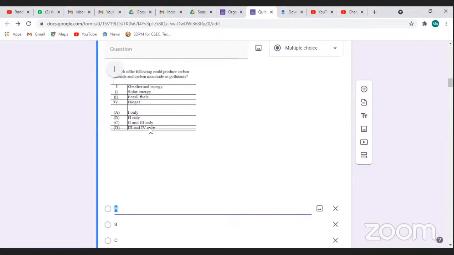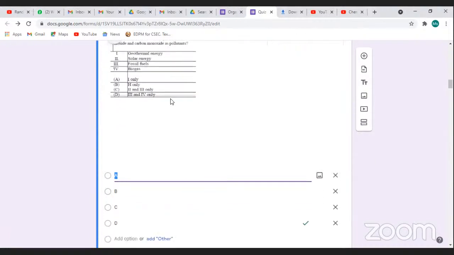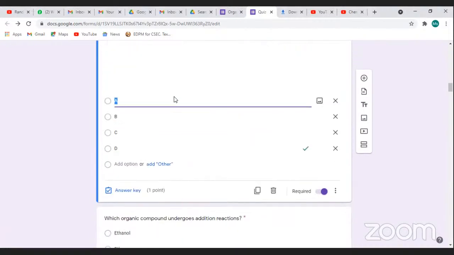So that's why the answer is 3 and 4, which is D. Geothermal and solar energy don't burn any fuel. But fossil fuels and biogas burn fuel. Biogas is methane gas, so it burns. So because of combustion, you can get carbon monoxide. That's why the answer is D.